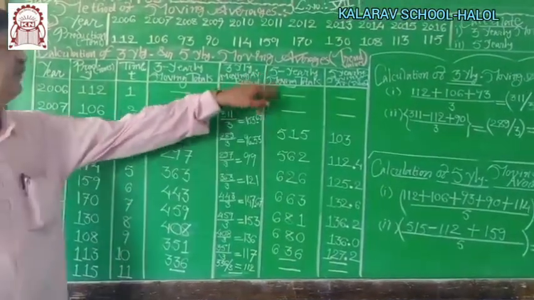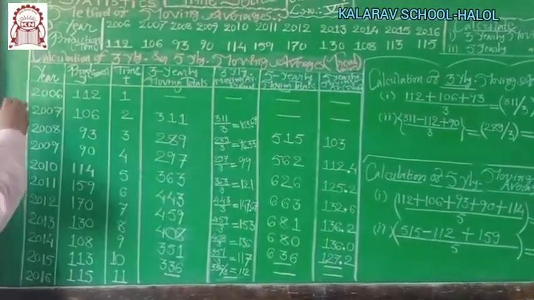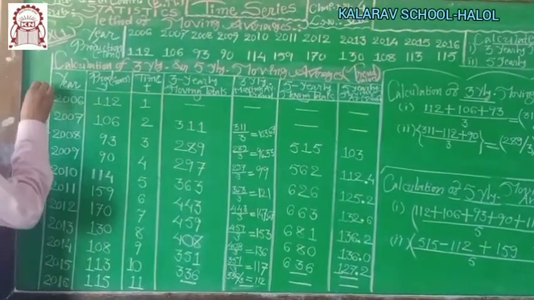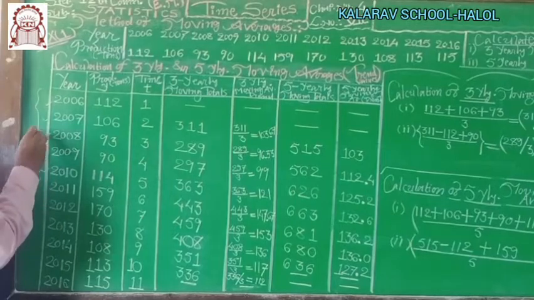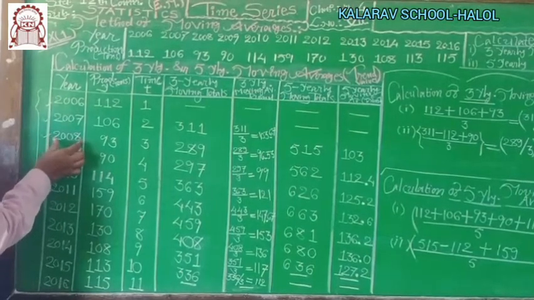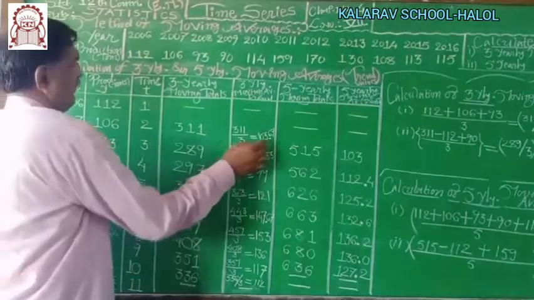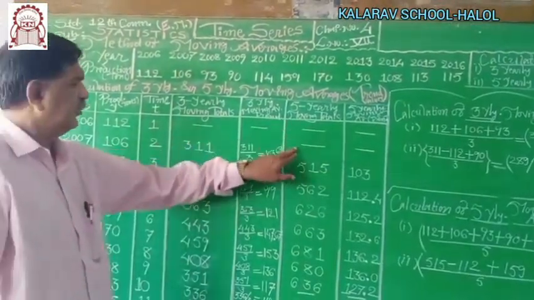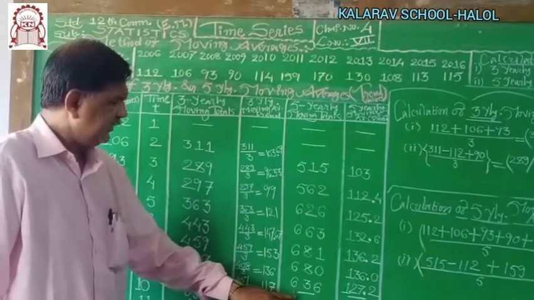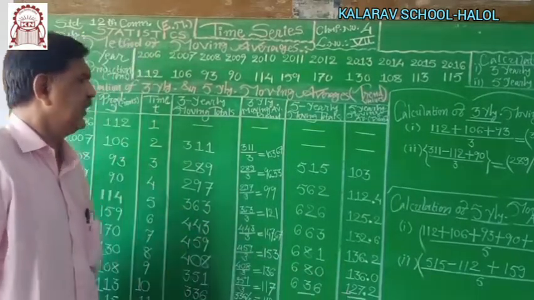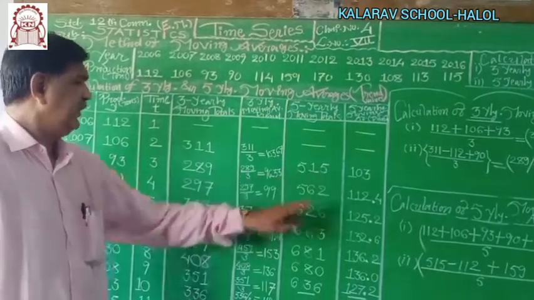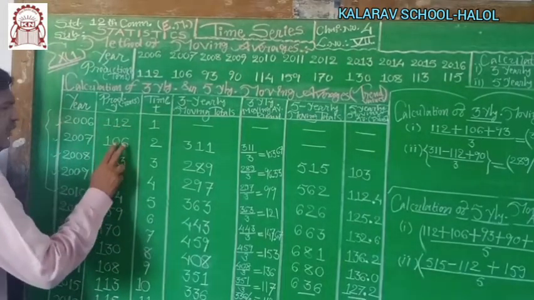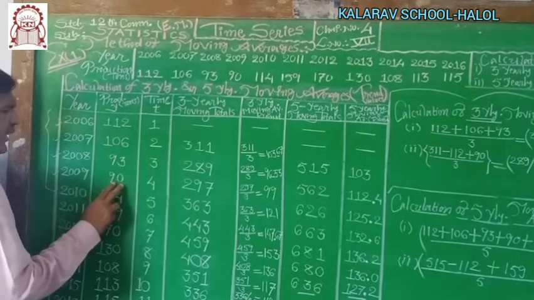Now 5 yearly moving totals. The total of these 5 quantities, 1, 2, 3, 4, 5, and the center of these 5 is exactly opposite 2008, means 515. So we have to put 2 dashes in the beginning and at the end also 2 dashes. 515 is the total of the 5 values 112, 106, 93, 90 and 114.